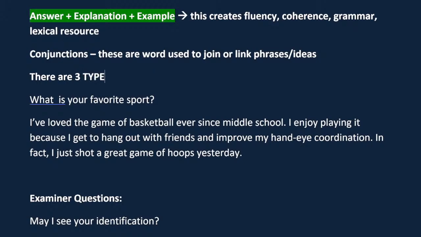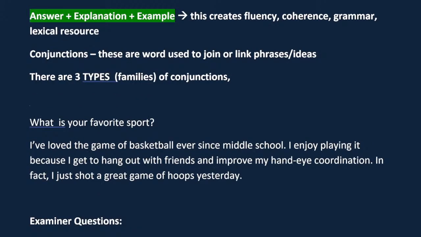What are they? Or we could almost say like 3 families of conjunctions. What are these 3 families of conjunctions?